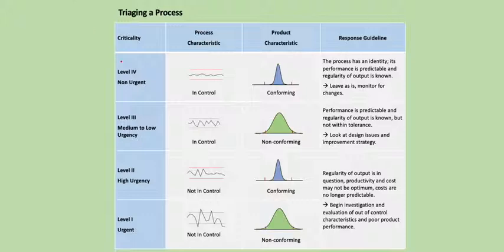So, for example, we have a set of criticalities going from non-urgent all the way up to urgent. Of course, you can change these labels based on your business as well. The two aspects we're really looking at are the process behavior, the process characteristic, and the product characteristic, or the output.